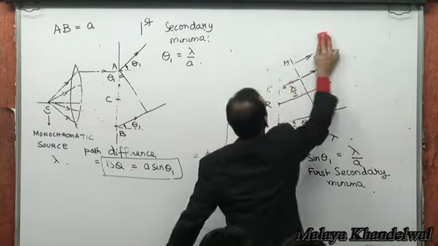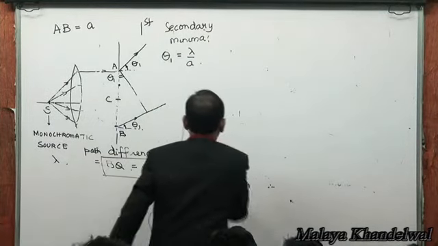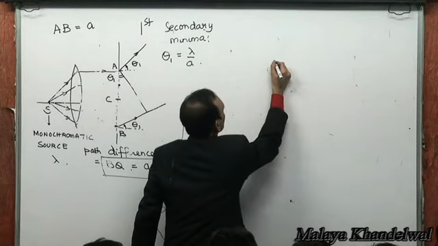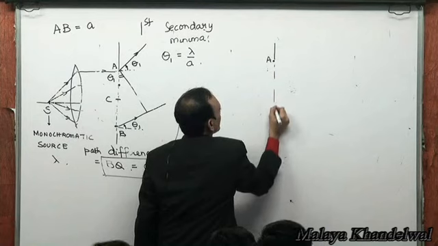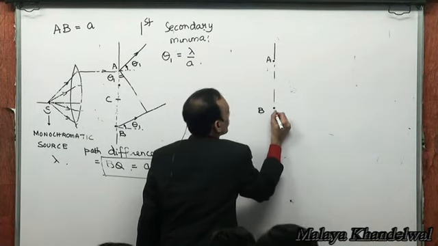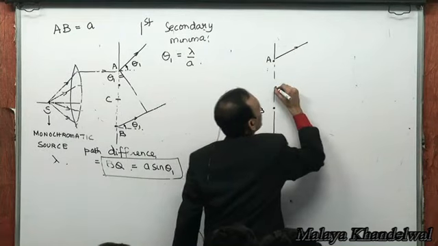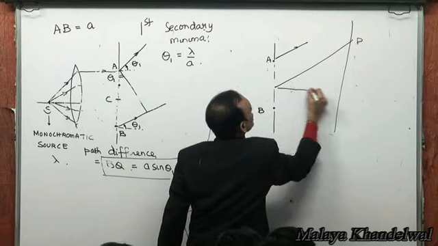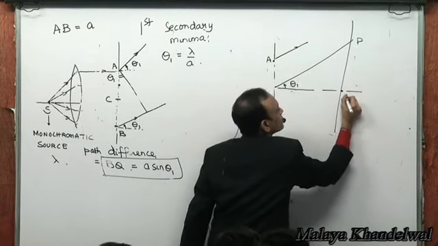Theta 1 is defined as lambda by a. On the screen, if I look at a point, this was the original direction, this is theta 1, and this is the central maximum.